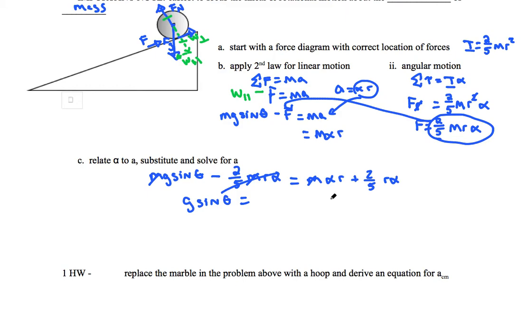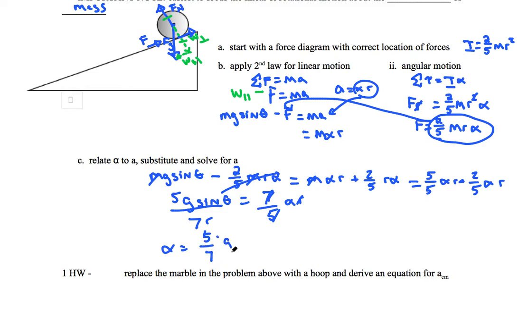If I think of this as 5/5 alpha r, which is just 1, plus 2/5 alpha r, this is equal to 7/5 alpha r. And if I solve for alpha first, I cross multiply by 5 and then divide by 7r. So I get alpha equals 5/7 g sine theta over r.